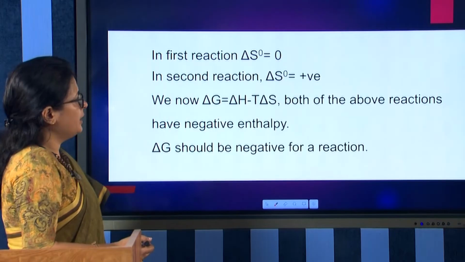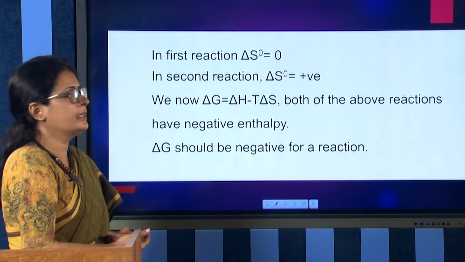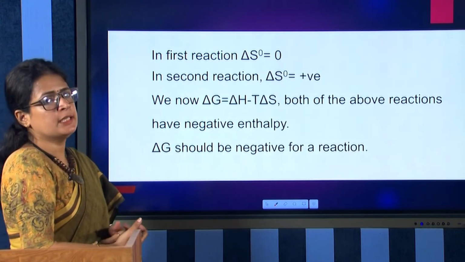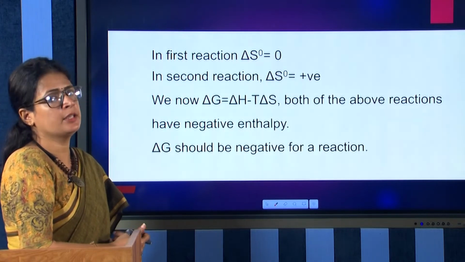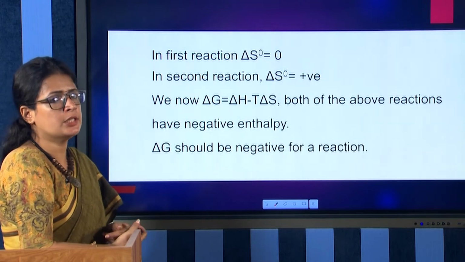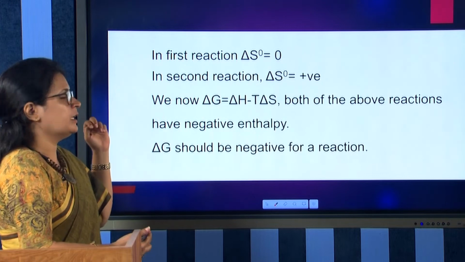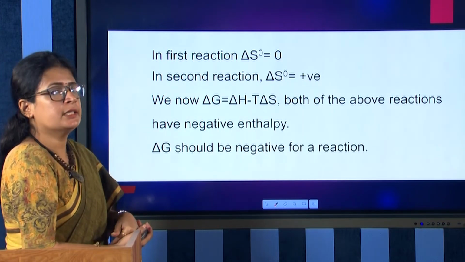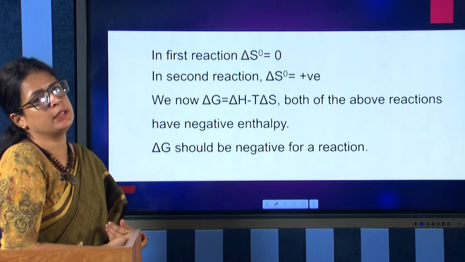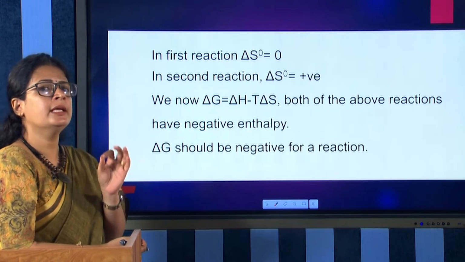And now you may know this famous equation in physical chemistry: delta G equal to delta H minus T delta S. Delta G is the change in free energy, delta H is the change in enthalpy, T is the temperature and delta S is the change in entropy. For a reaction to be spontaneous, the value of delta G should be negative.